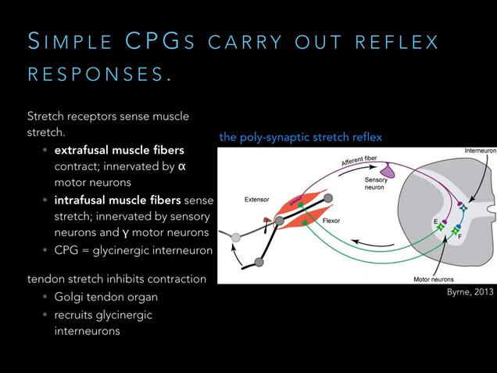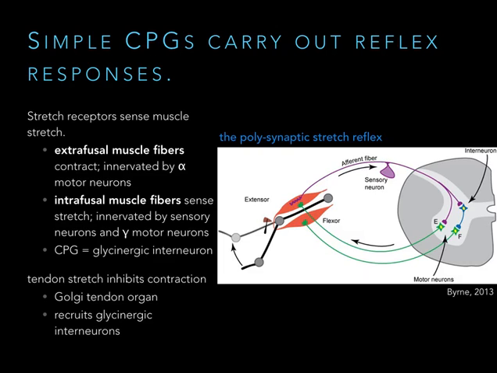So the stretch reflex has a very simple central pattern generator, just a single inhibitory interneuron there. So whenever we have stretch of a muscle, this reflex is going to cause contraction of that muscle to help maintain a relatively stable muscle length, unless we decide to change our muscle length and move our bodies.